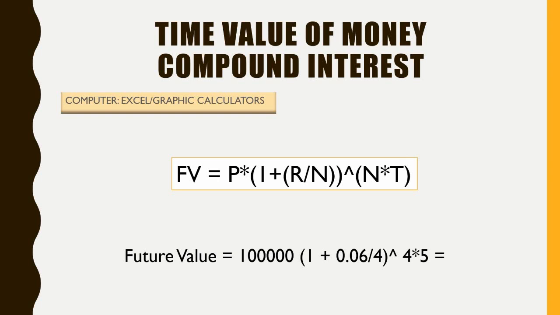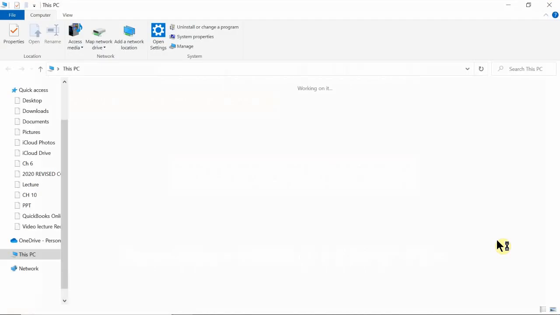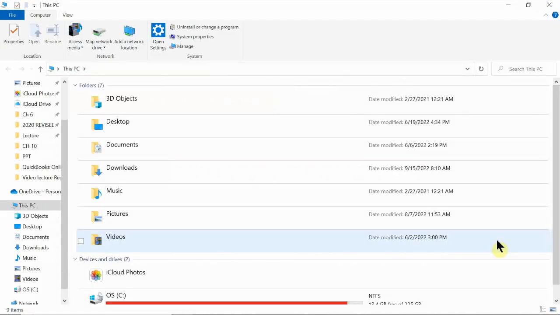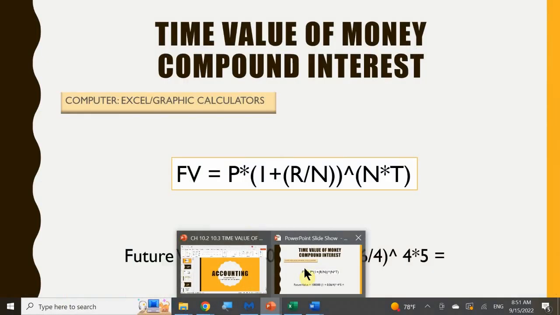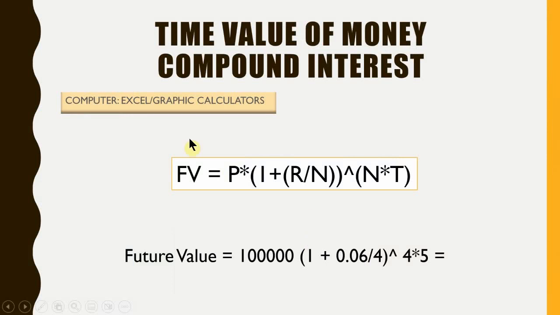This is your shift 6. Then open parentheses, n times t, close parentheses.